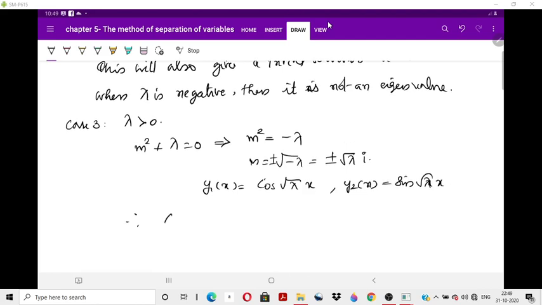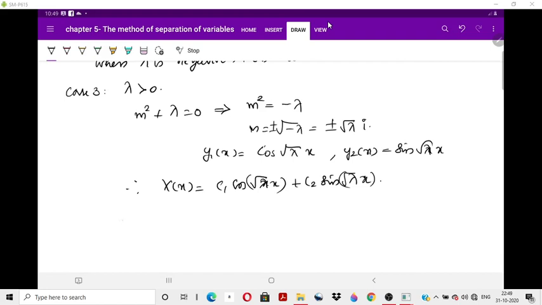Therefore, the general solution X of x is equal to c1 cos root lambda x plus c2 into sine root lambda into x.